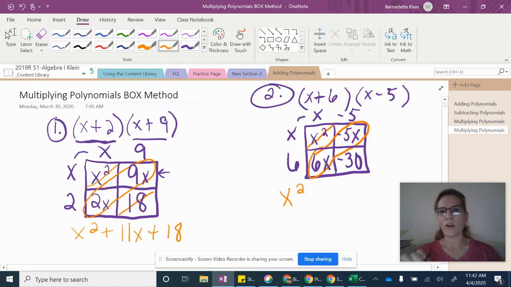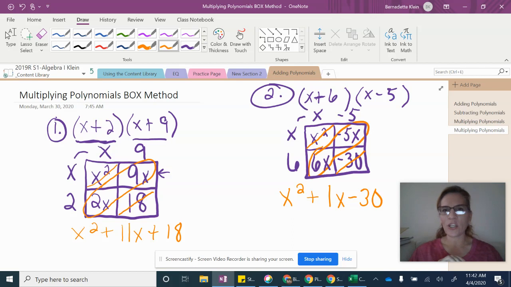When the signs are opposite, you subtract. 6 minus 5 is 1. It's going to be positive because the 6 is bigger and it's positive, and don't forget your x. And if you look, that -30 is the only number all by itself, so it's just going to come down. And you can cross it out to show that you've gotten everything done in the box, and that is your final answer. Hopefully that's helped you.